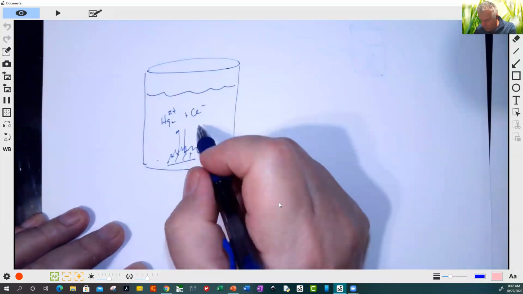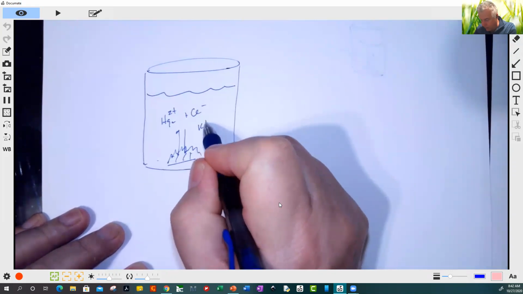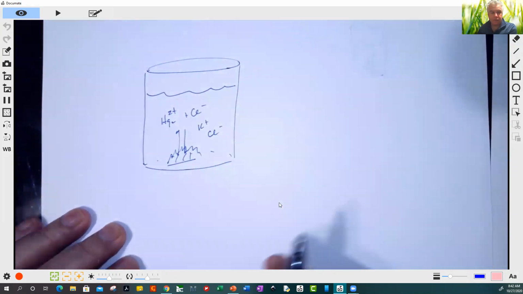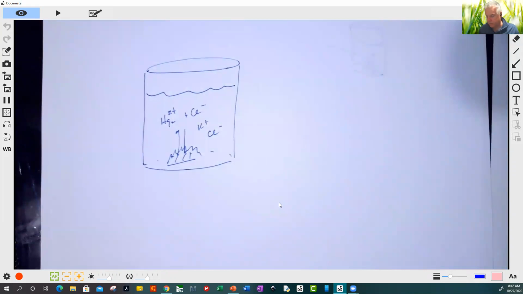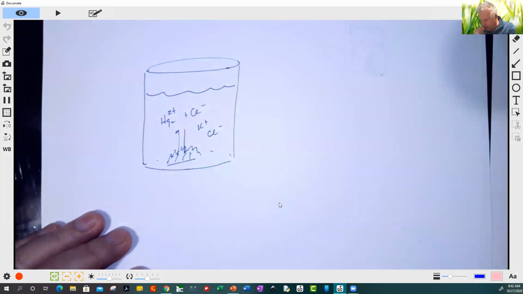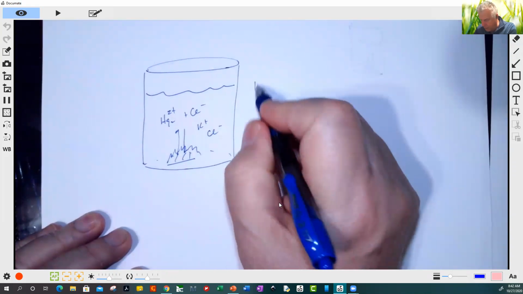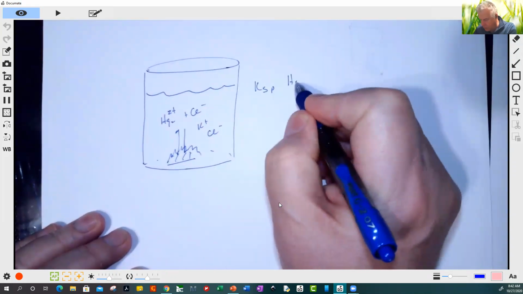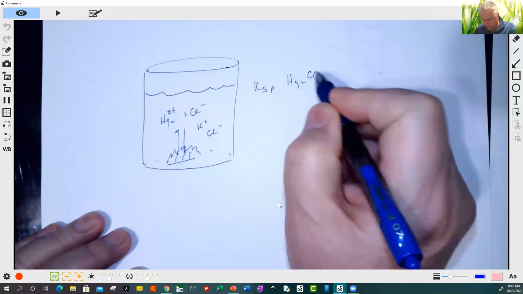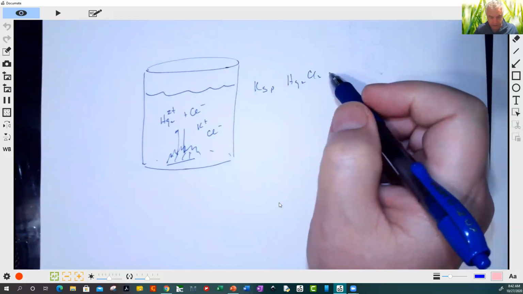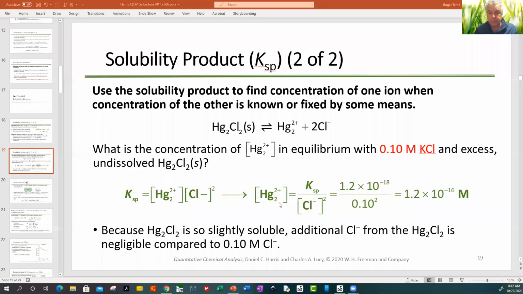And in this solution, we already have K plus and Cl minus. I forget what exactly the source of Cl minus is, but K plus is the spectator, right? And we know that the Ksp of Hg2Cl2, what's the value there? That's 1.2 times 10 to the minus 16.